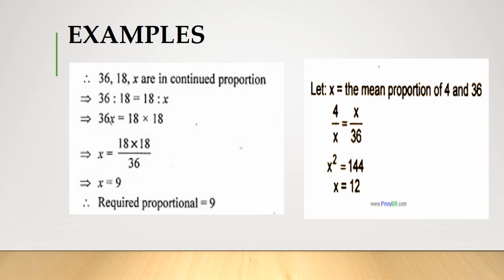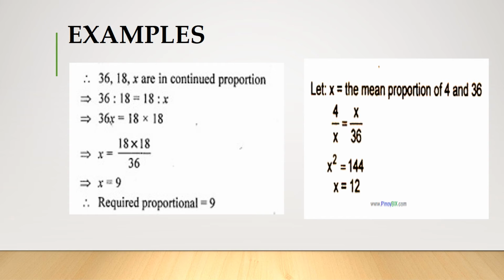On cross multiplication, x is equal to 18 into 18 by 36. Cancelling, 18 twos are 36, and 2 nines are 18, so x is equal to 9. So the required proportion is 9.